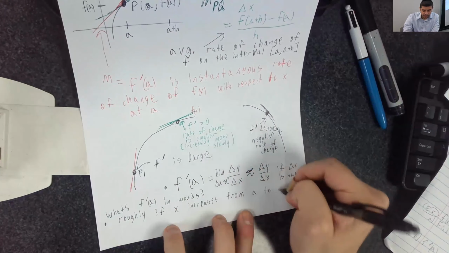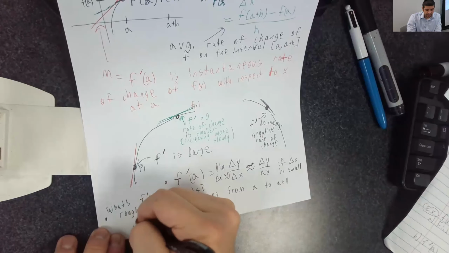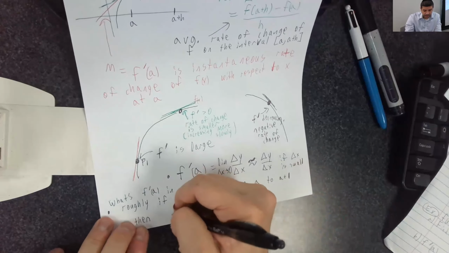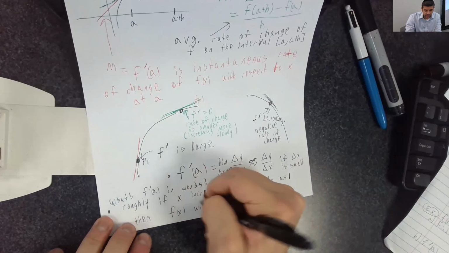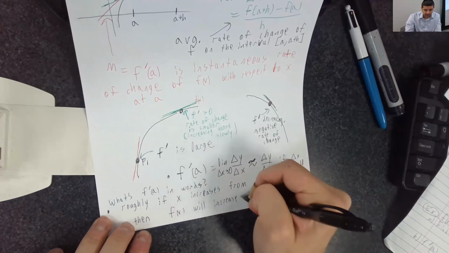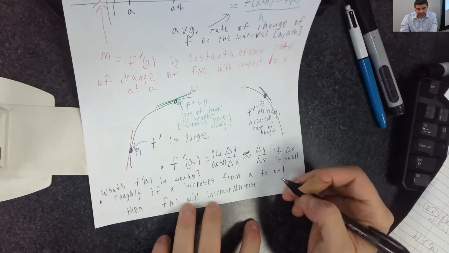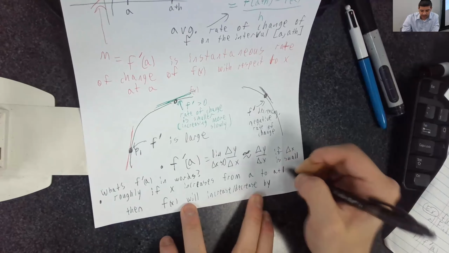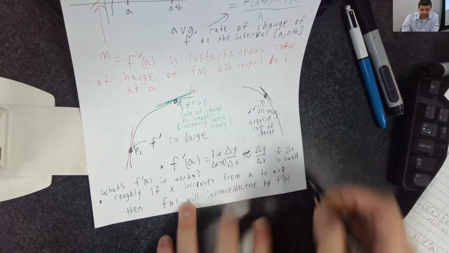then f of x will increase or decrease, whichever one, depending on positive or negative, by f prime of a.